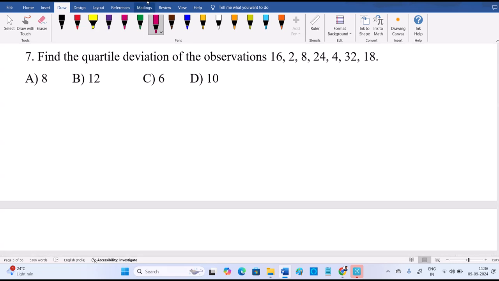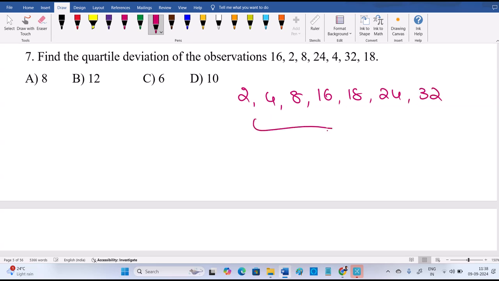What's the answer? Everyone solve this? So for this question on quartile deviation, first we need to put the data in proper order: 2, 4, 8, 16, 18, 24, 32. Number of terms is equal to 7.